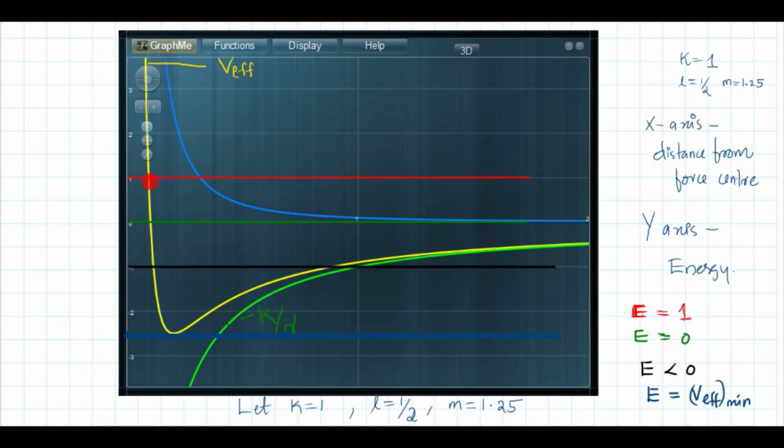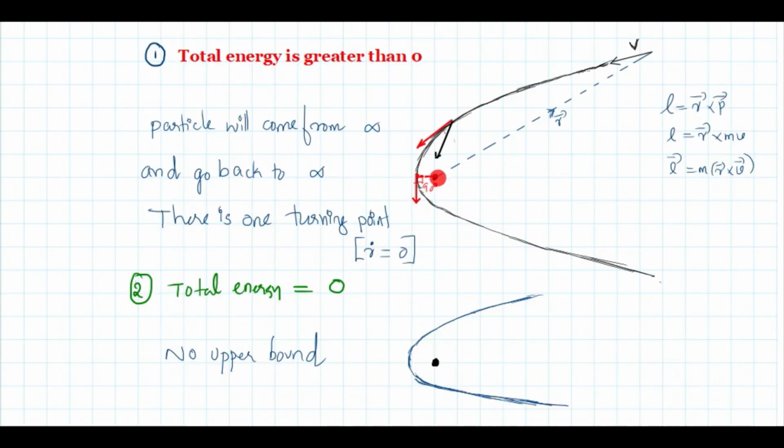This is the minimum distance, known as the distance of closest approach. So we will consider the real situation. This black dot is the center of force, and a particle is coming from, say, infinity, and it has a non-zero angular momentum, meaning its velocity vector will not be along the line of r.